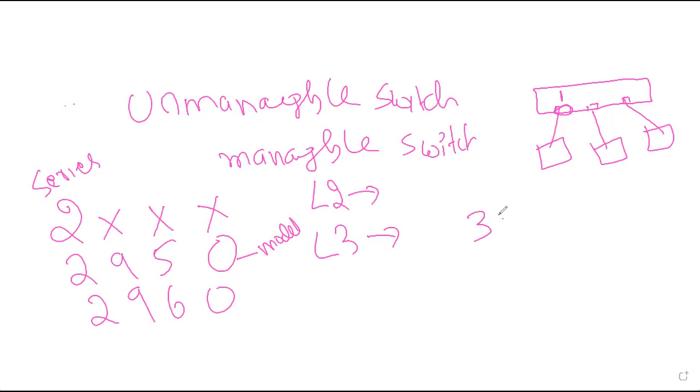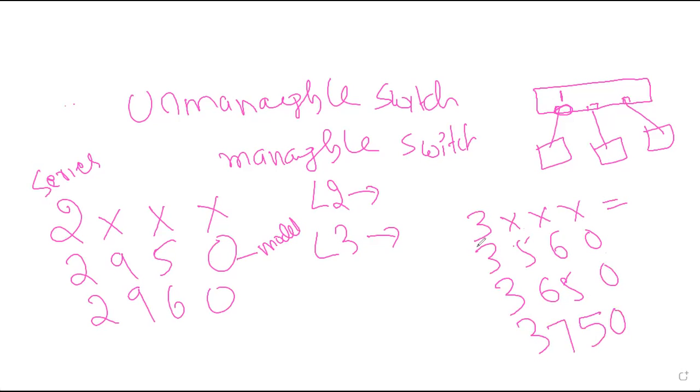And 3xxx is a series, within which there are models like 3560, 3650, 3750. The 3560 is one of the models, which are layer 3. The same way we have 4xxx, 5xxx, and different models.